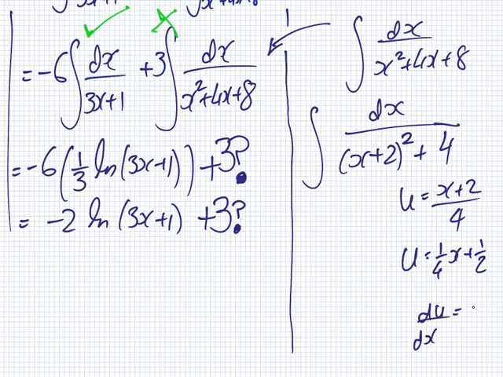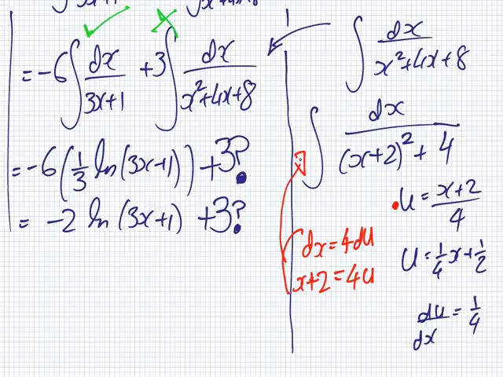It's a quarter, yeah. So what's dx equal to? 4 du. And also, what does x plus 2 equal? If I use this, what's x plus 2? 4u. So if I put these two back in here, let's see what I get.